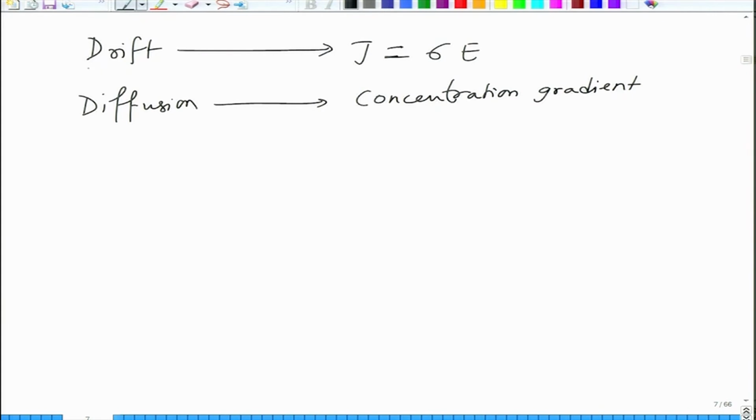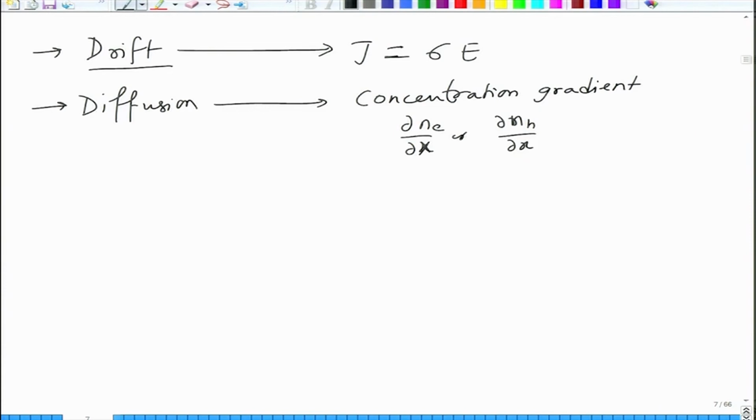So you have a current which is driven by a phenomenon called drift, which takes place because of electric field, and then you have diffusion, so you can say dNe by dx or dNh by dx. Okay. If you take a one dimensional model of these, you can also take a three dimensional model, that is not a problem. So these are the two phenomena. First is drift, electric field driven, second is diffusion, that is concentration gradient driven.